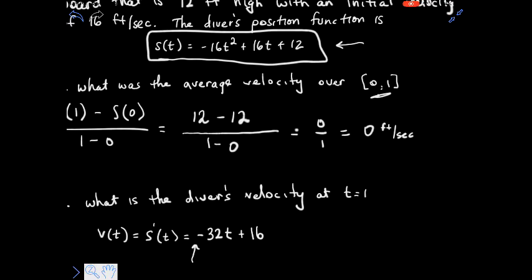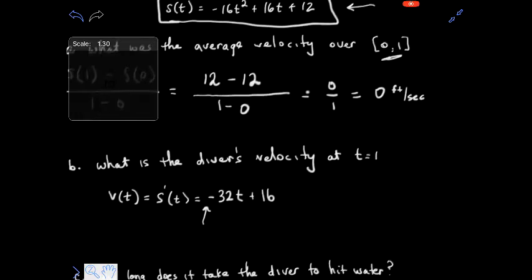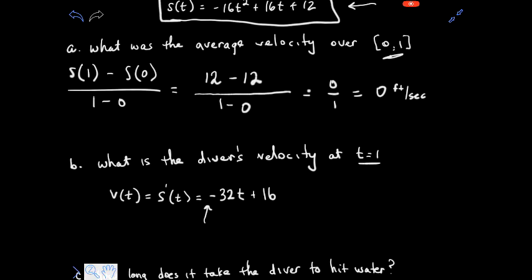So this is the velocity function, negative 32t plus 16. We want the velocity specifically at time t equals 1. So the velocity at time t equals 1 is negative 32 times 1 plus 16, which equals negative 16 feet per second.